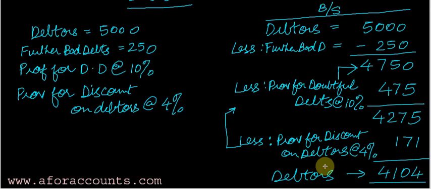When you start doing the questions, you will get it even more clearly. For now, just remember, for balance sheet presentation: debtors less further bad debts, less provision for doubtful debts, less provision for discount on debtors. We'll solve some questions and then it will be more clear to you.